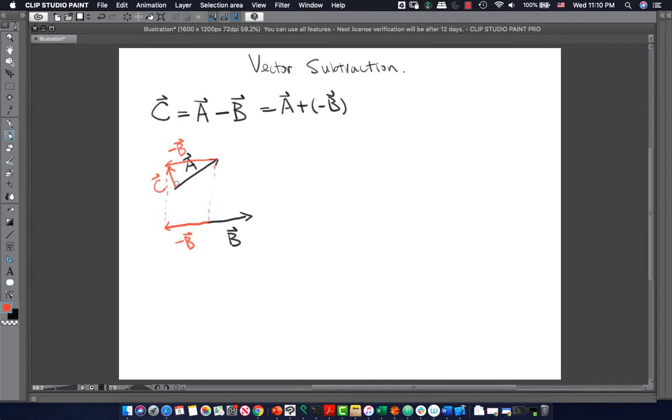Okay, now let's find out how to perform A minus B using B without going over this whole process of reverse vector B. So let's draw B parallelly to put B's tail on A's tail.